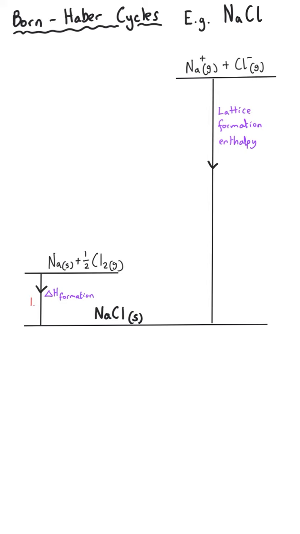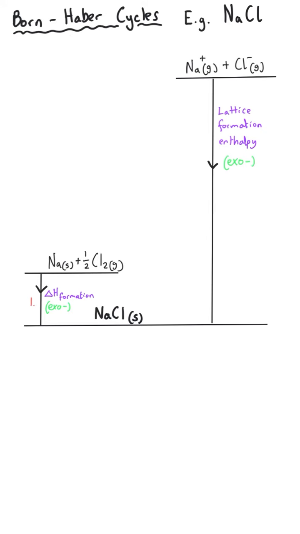Both of the arrows are pointing down towards the NaCl solid, implying that this is going to be exothermic. You're not actually expected to memorize whether or not sodium chloride would have a negative enthalpy of formation or not, but you are absolutely expected to know that it would have a negative lattice formation enthalpy.